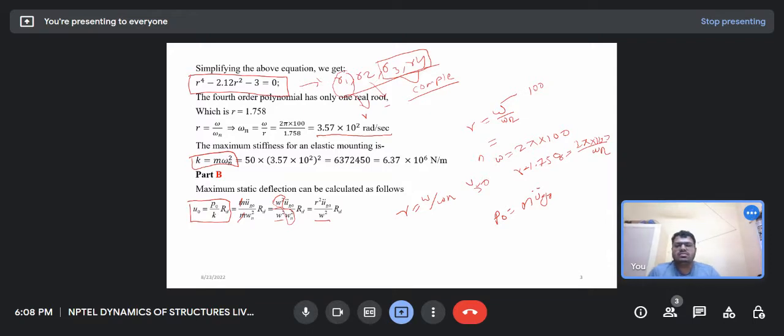So you have the value of r, you have rd, and the ground acceleration, which is given to you, limited to 0.6, and rd you can calculate: rd is 1 upon square root of (1 minus r square) whole square plus (2 xi r) square. Okay, so rd when I calculate it comes out to be 0.47.